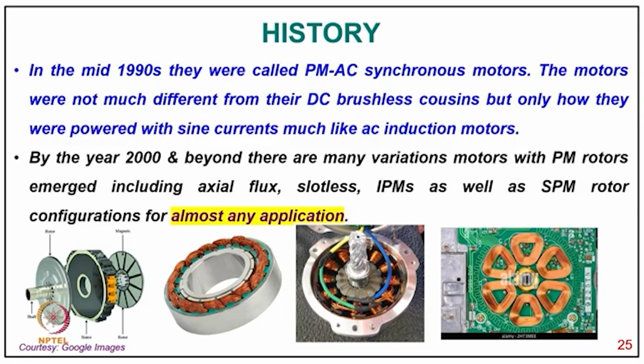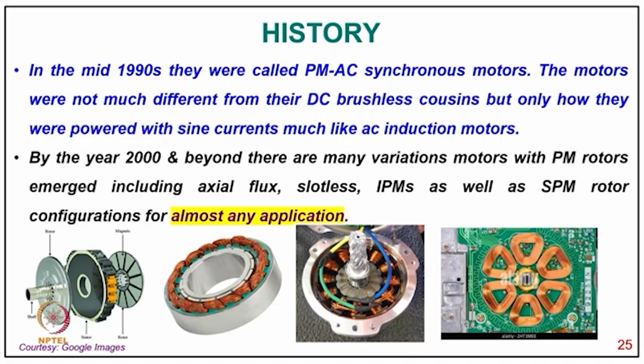So in the mid 1990s they were called PMAC synchronous motors. The motors were not much different from the DC brushless, but only in how they were powered, with sine current like an AC induction motor. By the year 2000 and beyond, there were many variations of motors with PM that emerged, including the axial flux, slotless, interior permanent magnet as well as the surface permanent magnet rotor configurations for many applications.